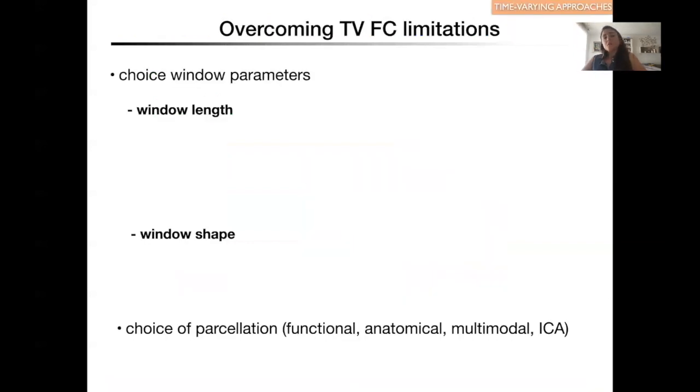Then, of course, time-varying functional connectivity with sliding window has certain limitations, and the first one is for sure the choice of the window parameters, which is not easy to do because it's arbitrary, and it will influence your analysis. The first one is the window length.